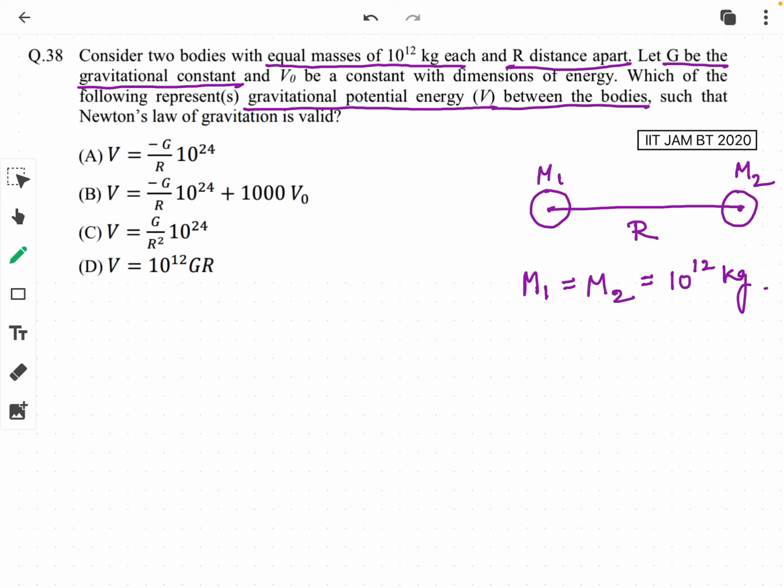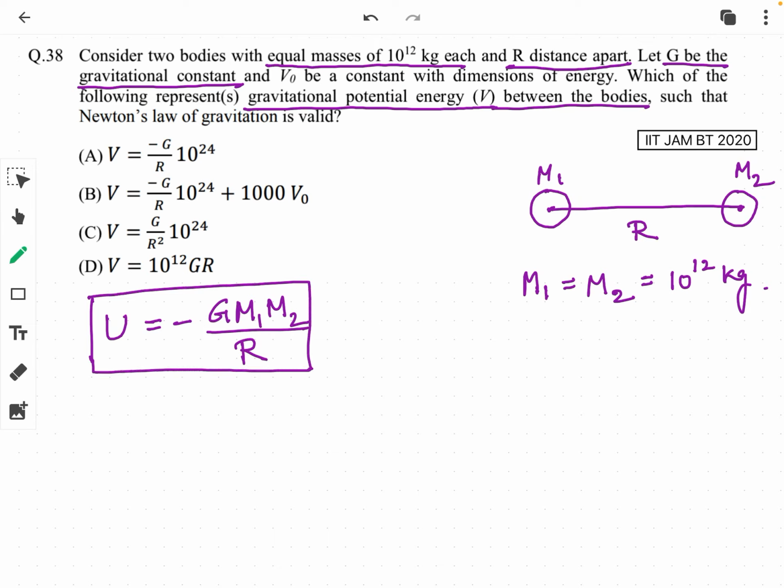Now what is the formula for gravitational potential energy? Suppose U is the gravitational potential energy, then we know U equals minus G M1 M2 divided by R. So this is the formula for gravitational potential energy.